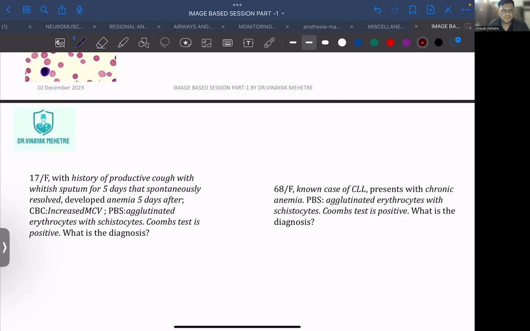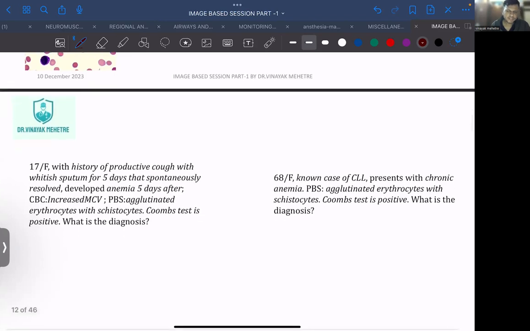Hemoglobin is dropping but not increasing, even after giving so many blood transfusions. क्या हुआ है इसके अंदर? फर्स्ट क्या हुआ है? राइट, क्या दिया है इसके अंदर? इन्फेक्शन है, राइट.